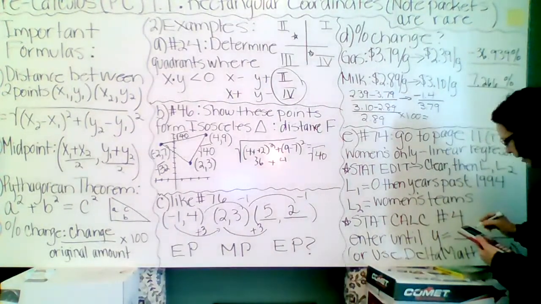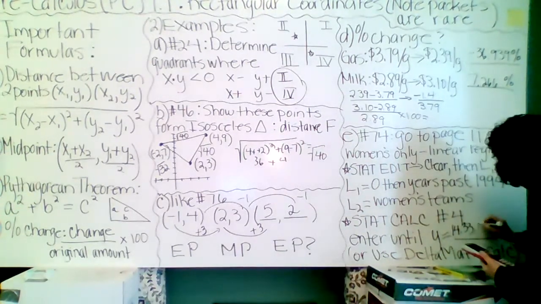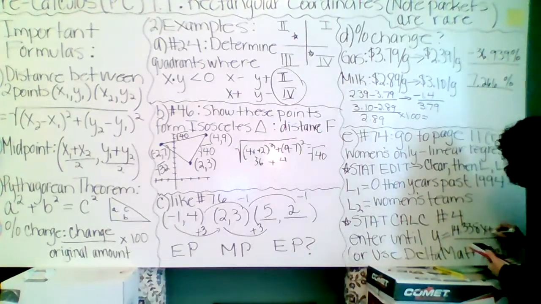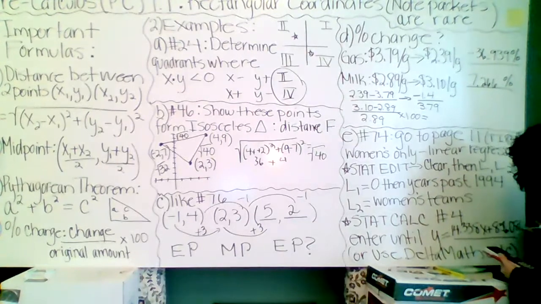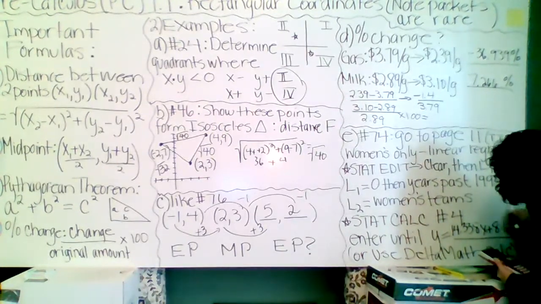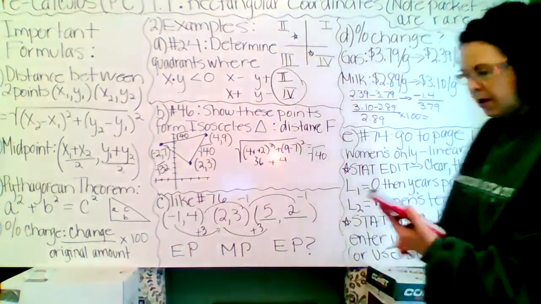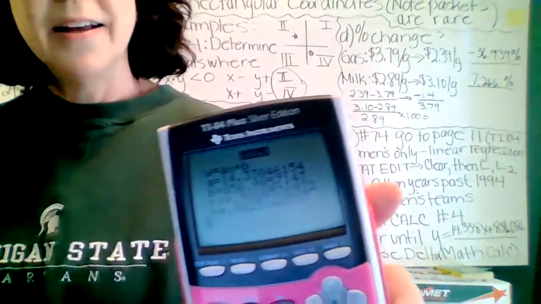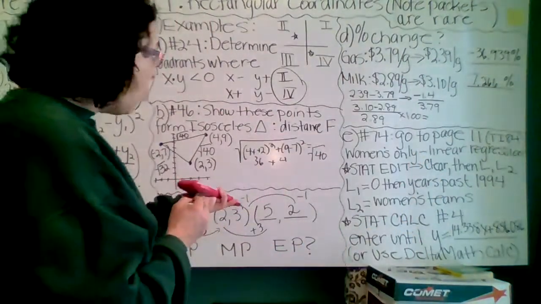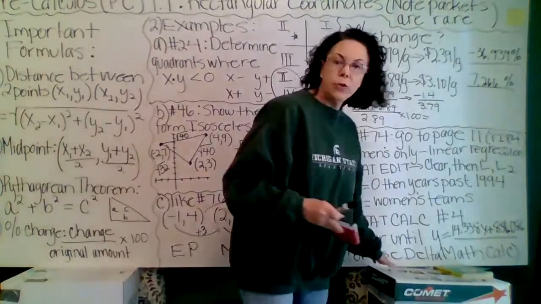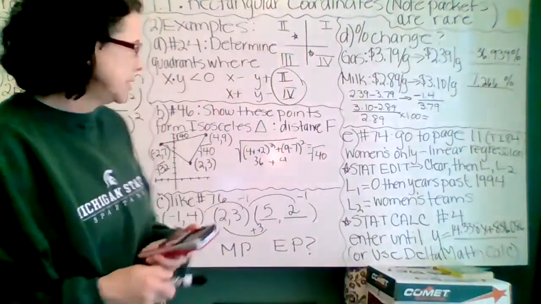We get ax plus b, which would be 14.338x plus 856.086. Or on Delta Math, you can use their calculator. Instructions are in materials 1.1 in Schoology.